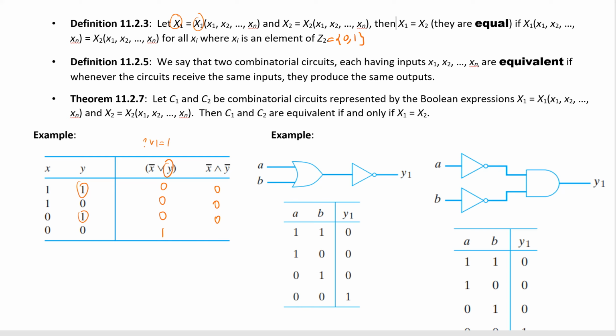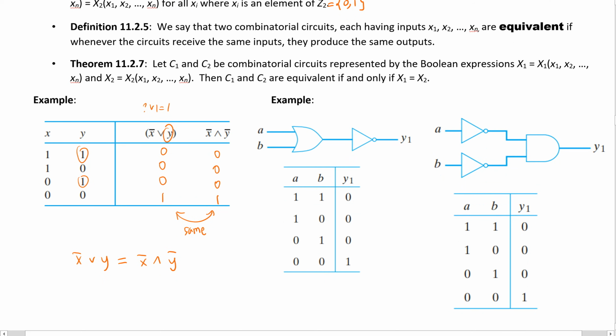Here we have 1 and 1 is 1. Do you see those two sets of values are the same? And what do we say? We say those two Boolean expressions are equal.